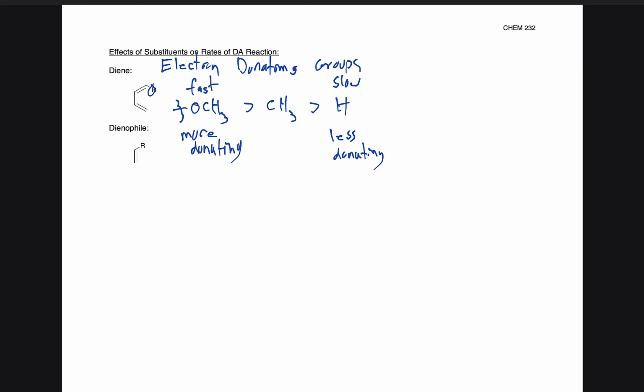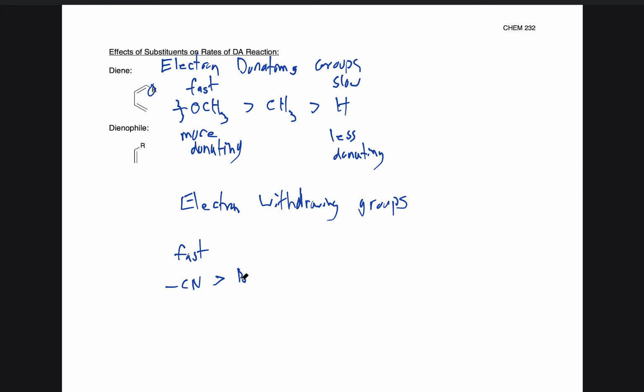Okay, and for the dienophile, we want electron withdrawing groups. And the more electron withdrawing it is, the faster the reaction will go. And so we can have things like cyano groups, for instance, right, they're withdrawing electrons.